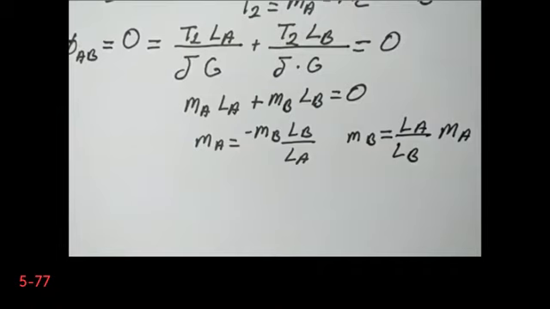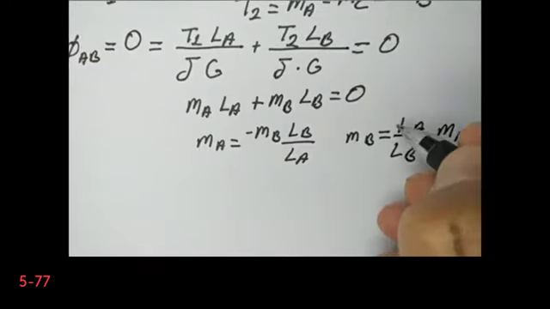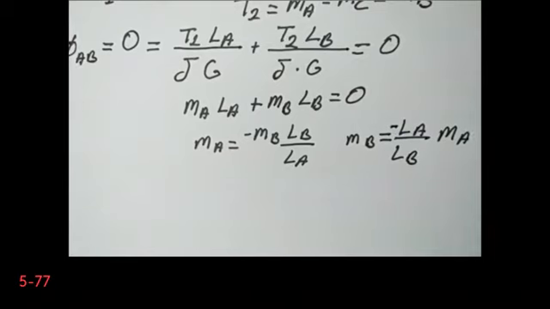Now I can choose either MB or MA as the dependent variable and substitute into one. So I prefer to write MB by means of MA, and will substitute into equation 1.